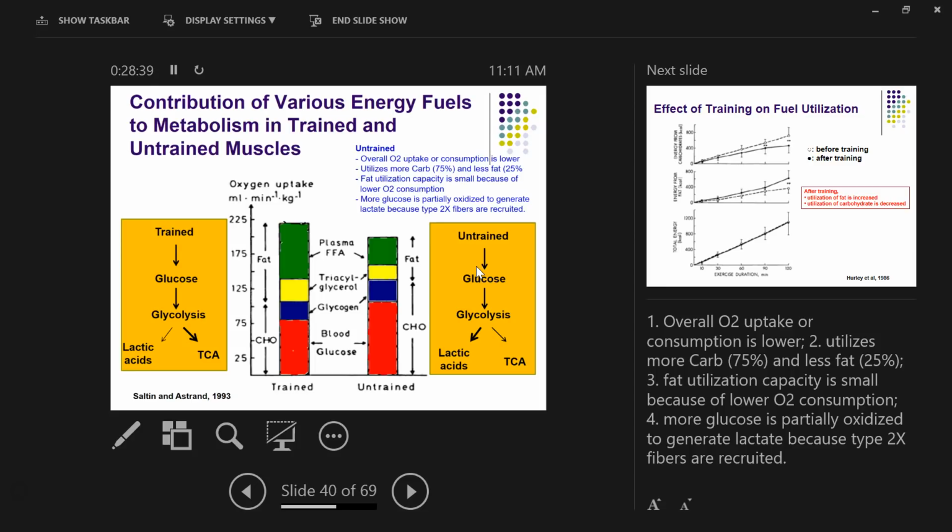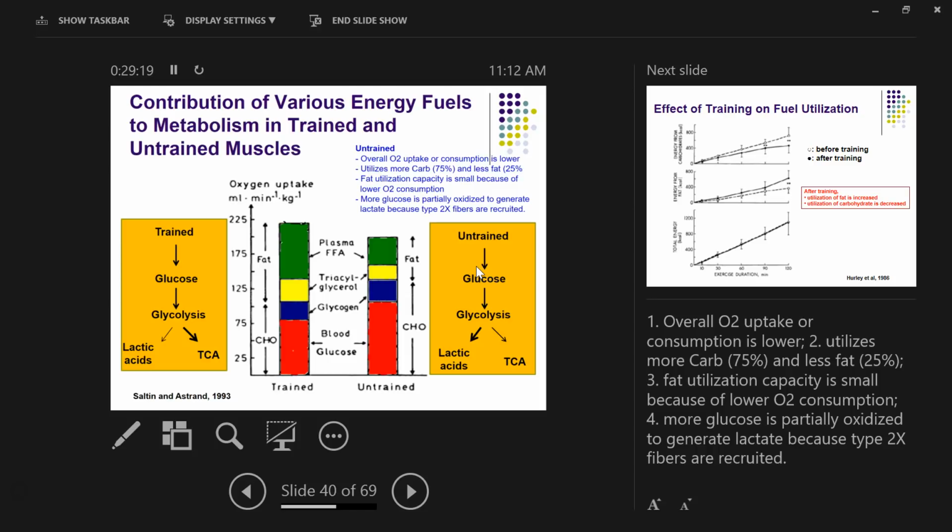So two things are different in terms of fuel utilization between untrained and trained individuals. First, the type of energy fuel being utilized: untrained individuals utilize more carbohydrate and less fat, and trained individuals are able to utilize more fat because they have a higher oxidative capacity.